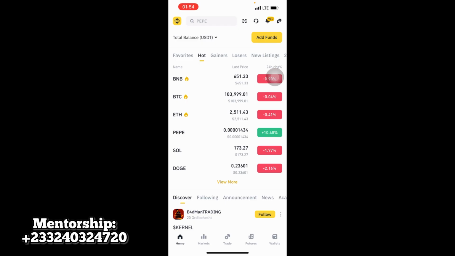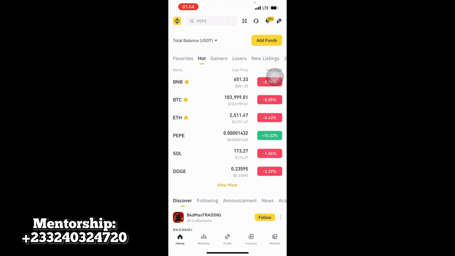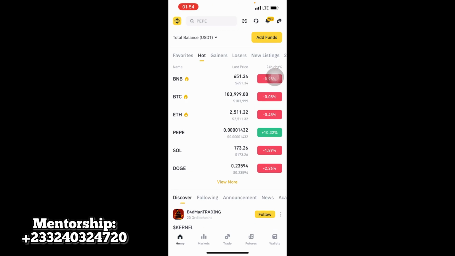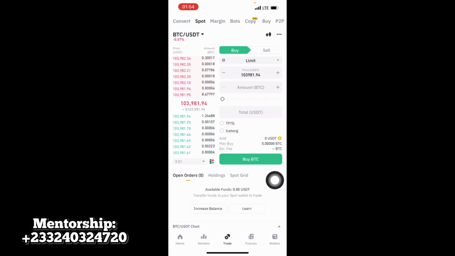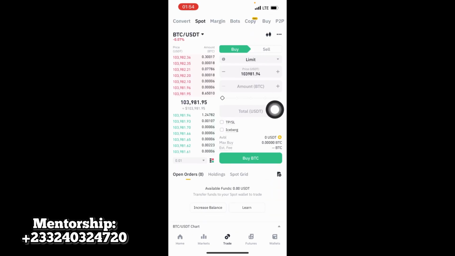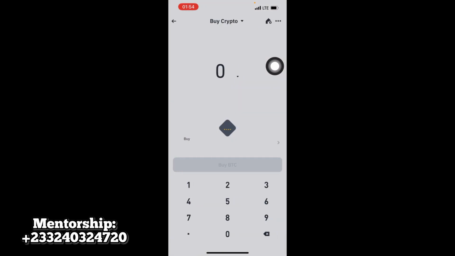After you do your registration and verify everything, you have to deposit or buy USDT so that you can participate in what I'm about to teach. How can you buy it? Go to Trade, then P2P, or go to Buy, and enter the amount that you want to buy.